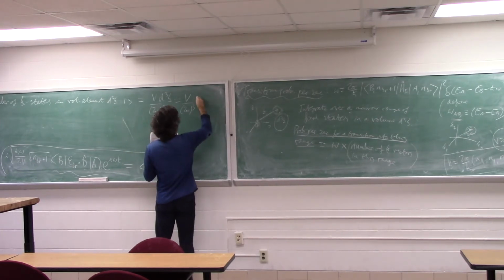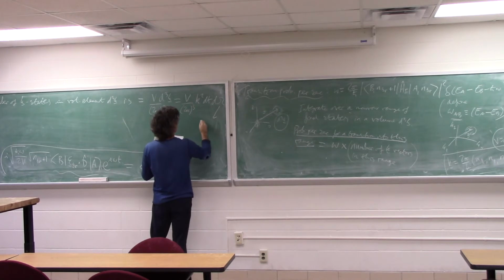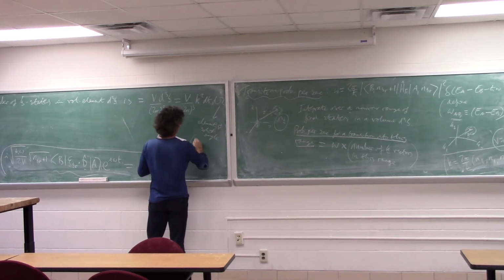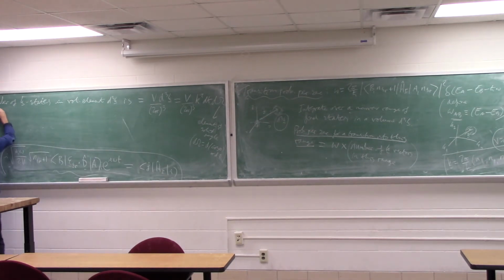We can write d3k as k squared dk d omega, where d omega is an element of solid angle. So if you like, you can just write d omega as d cos theta times d phi. Here the atom is at the origin, there's a certain k vector being emitted, and you can imagine you have a detector with a certain solid angle element d omega.